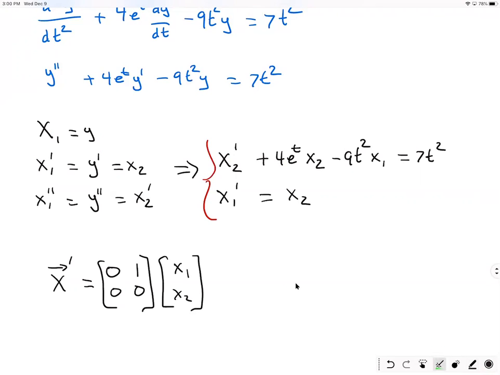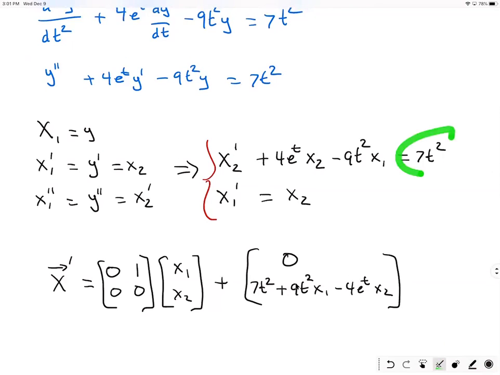So if I put this on the top, I'd have 0 and then 1. That's this coefficient of 1. And then all the rest of these terms have t's. So this would be 0, and then plus 0 on the top, and then 7t squared plus 9t squared times x1 minus 4e to the t times x2.